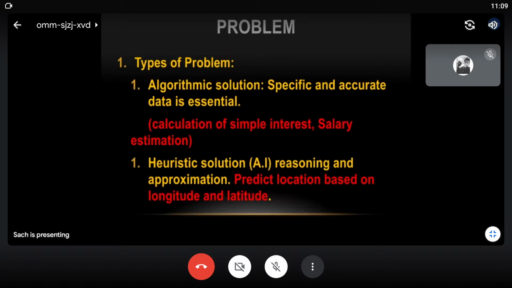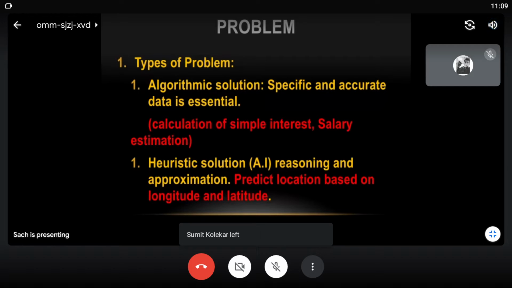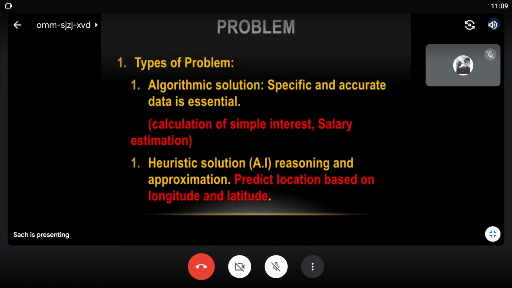For example, if you want to calculate the salary of a person, then its basics, per day wages, and number of days he has worked in the month must be clearly specified for gaining better accuracy. Similarly, in banks, we calculate simple interest, and such kind of examples are correlated to algorithmic solutions.